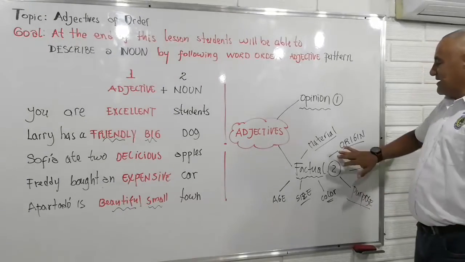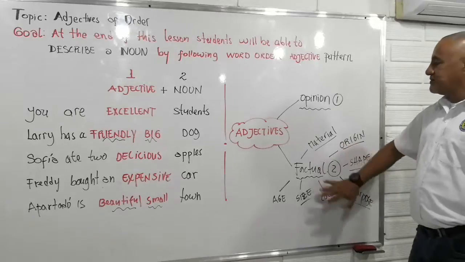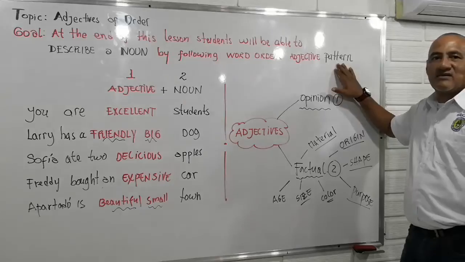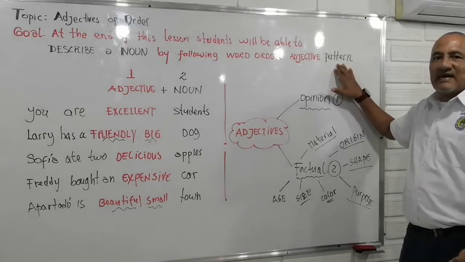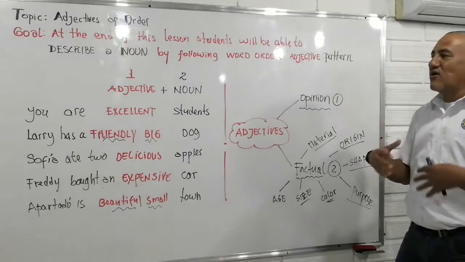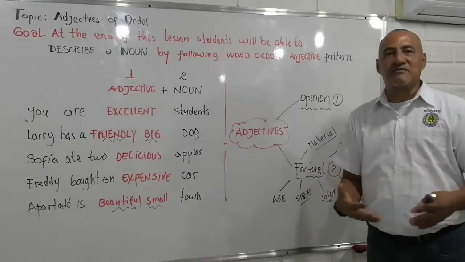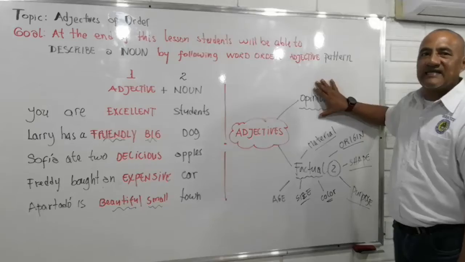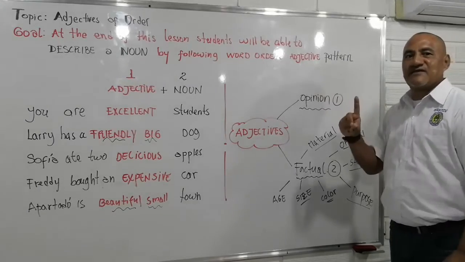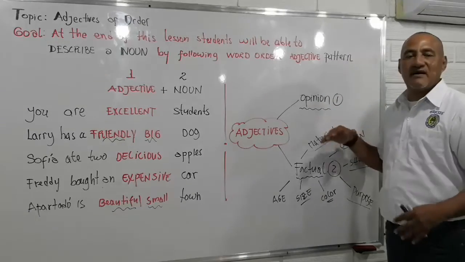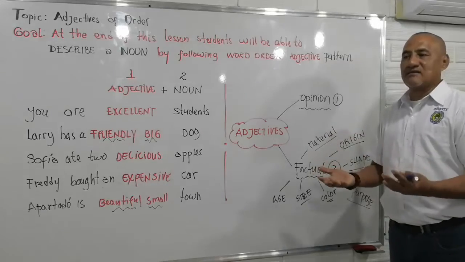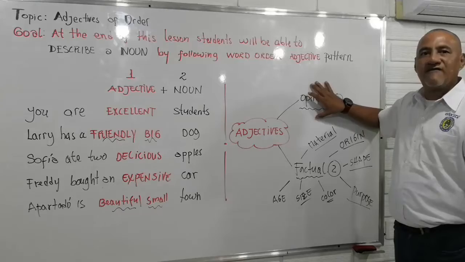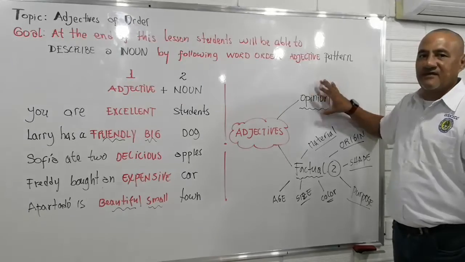Okay, then all these follow a pattern, all right? Una estructura, una forma, una regla. Then when we are going to describe something using more than one adjective, all the time we have to place the opinion adjective first. Cuando vamos a describir algo con más de uno, dos, tres adjetivos, siempre we have to place the opinion adjective first.